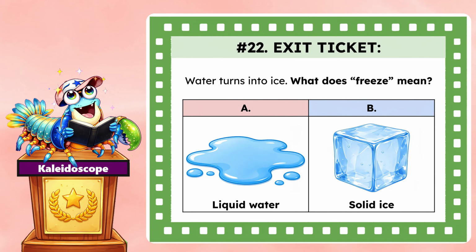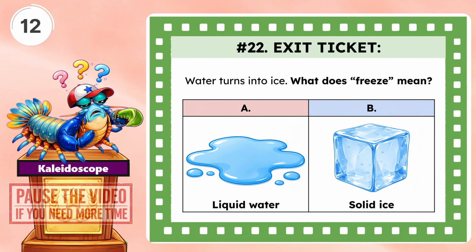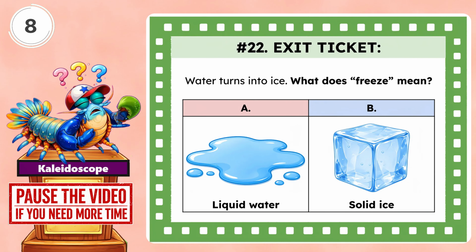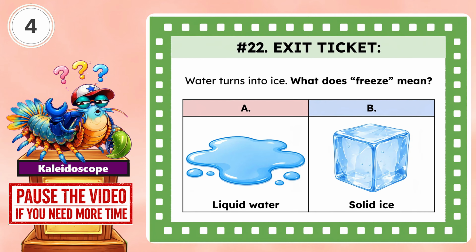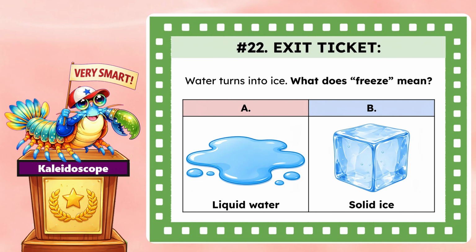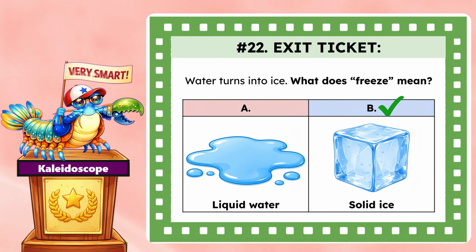Water turns into ice. What does freeze mean? And the correct answer is letter B, solid ice.